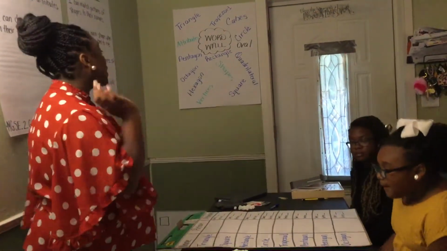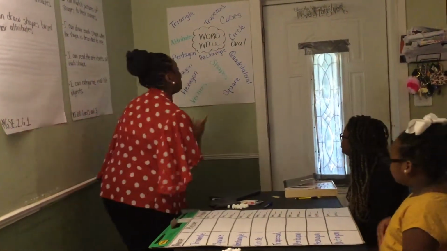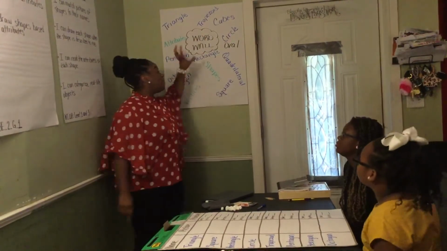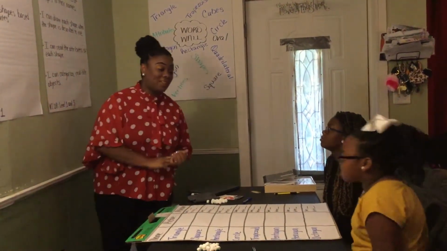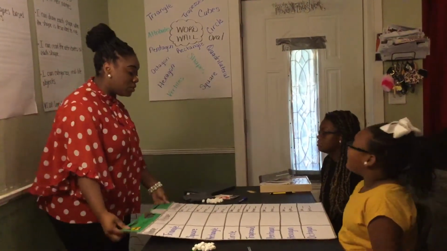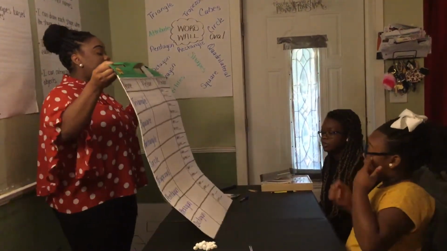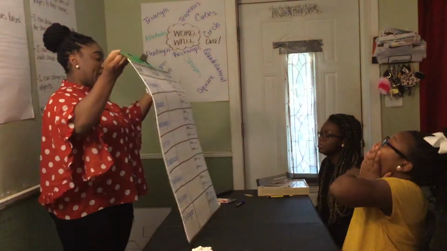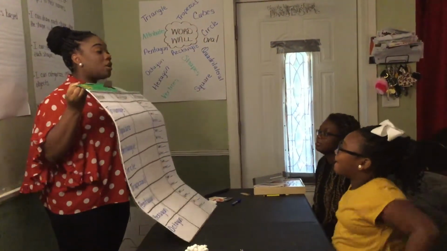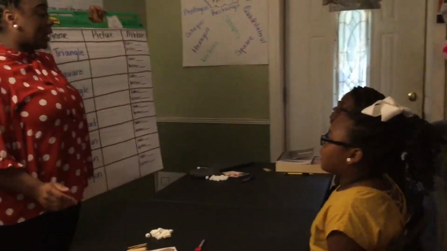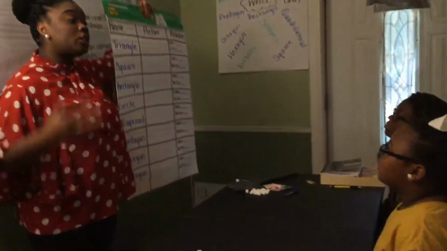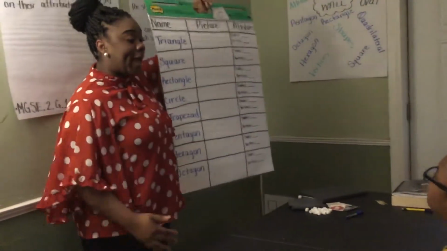All right. So the next thing we're going to do, we've matched our shapes. We've been able to recognize them by name. Our next activity requires you to use this large poster board paper. On this paper, I've created a graphic organizer. Tomorrow you'll get an individual one, but for today, we're going to draw it on our big paper, okay?